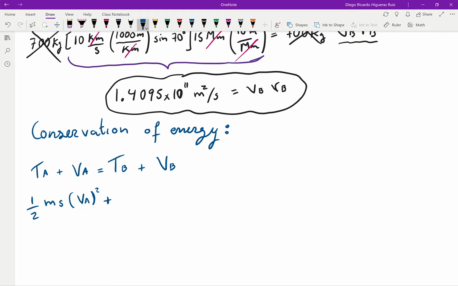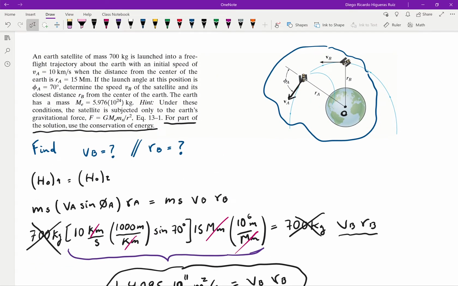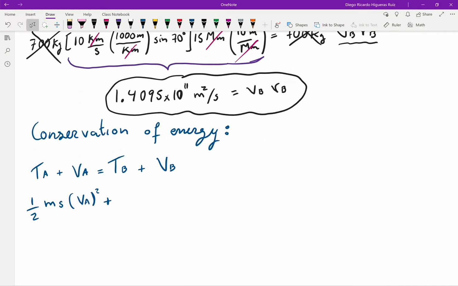And here we need to use the gravitational equation, the gravitational force.